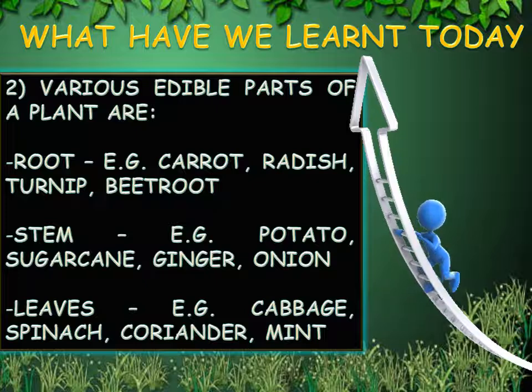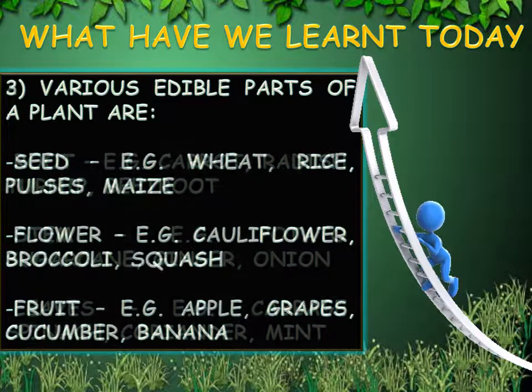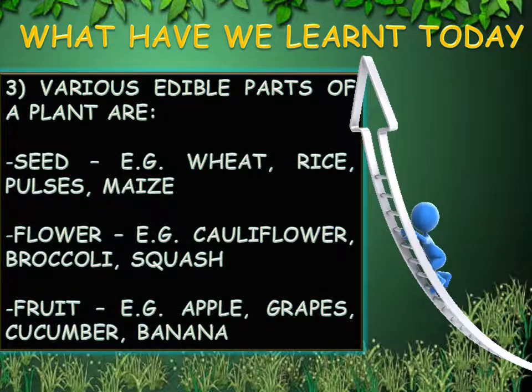Stem. Example, potato, sugarcane, ginger, onion. Leaves. Example, cabbage, spinach, coriander, mint. Seed. Example, wheat, rice, pulses, maize.